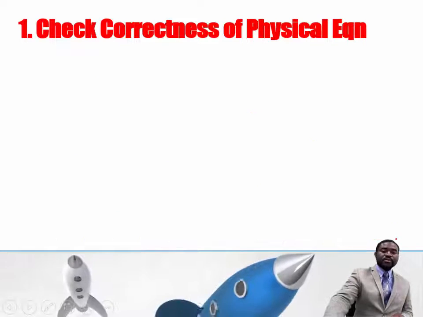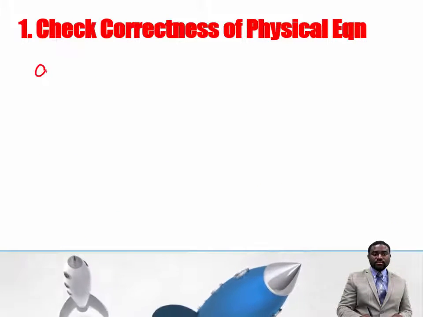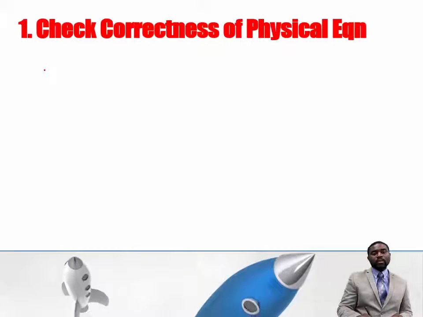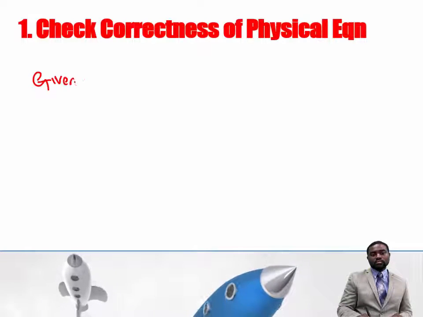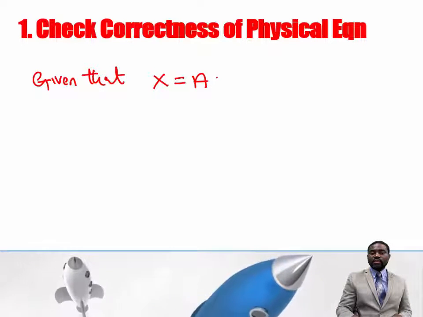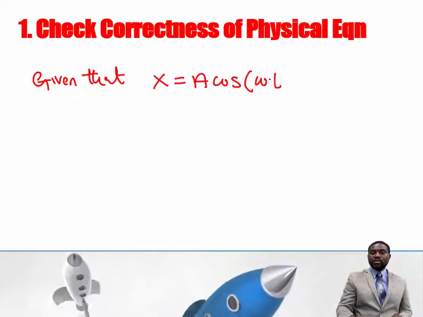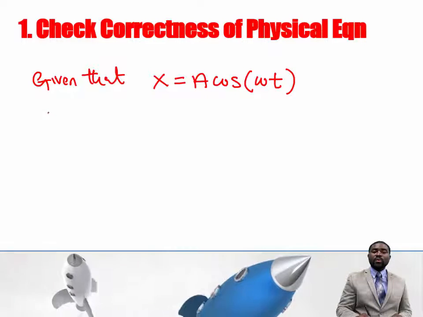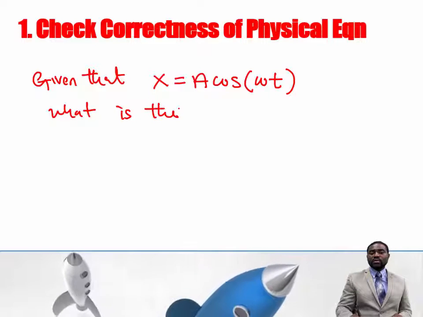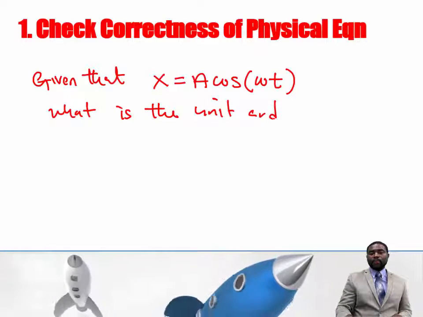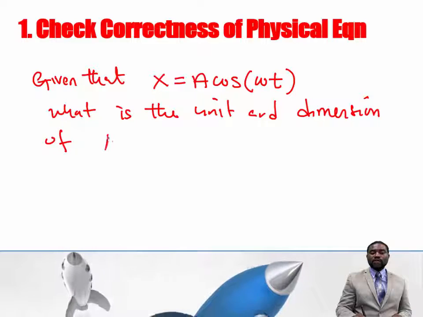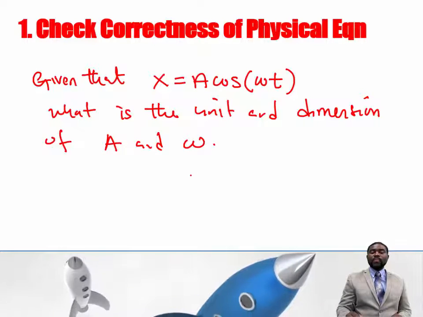Let me do another example again. Given that x is equal to a cosine omega t, what is the unit and dimension of a and omega?